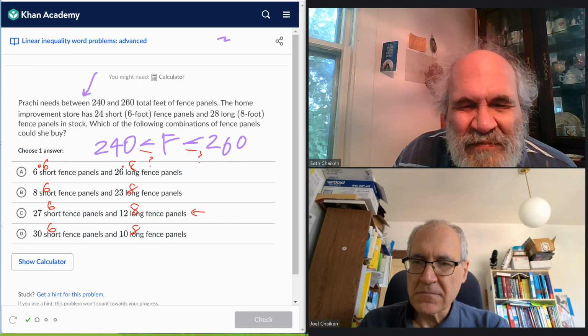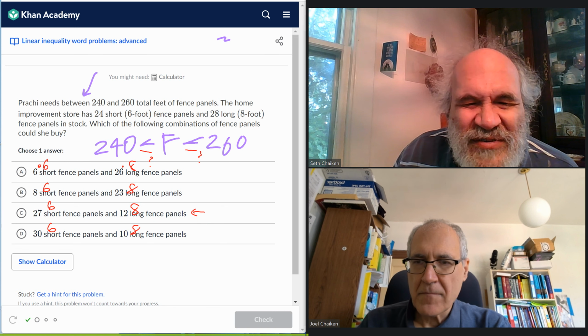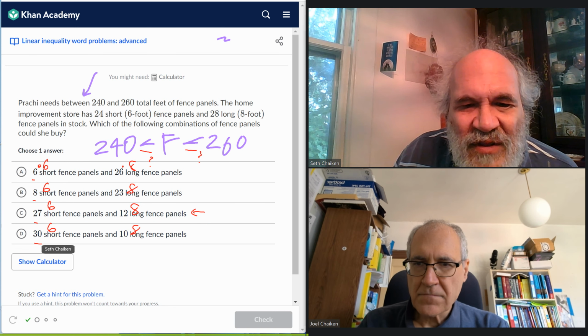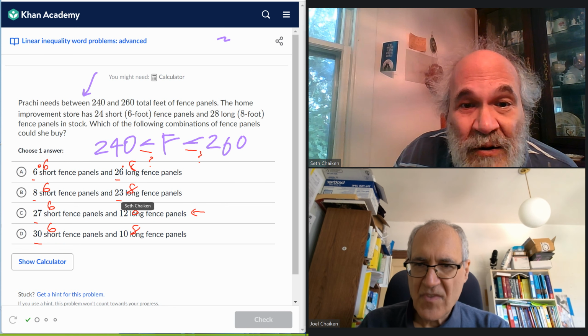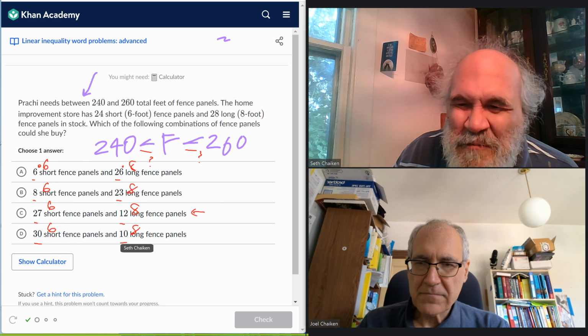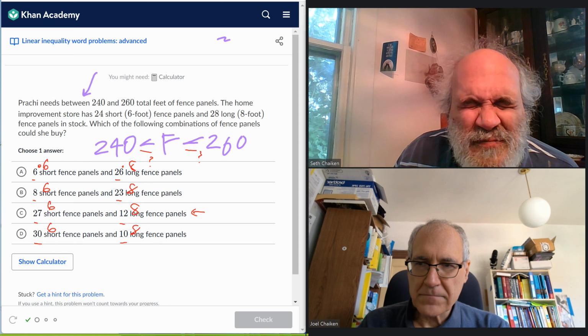Then I notice the way they gave the choices is the number of short panels goes up as you go down the list, and the number of long panels goes down. Does this make sense?